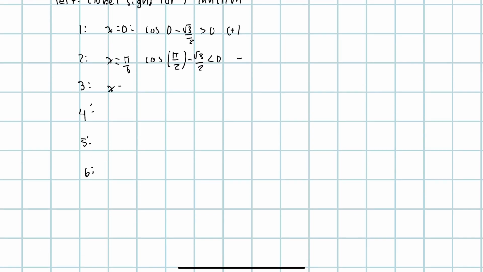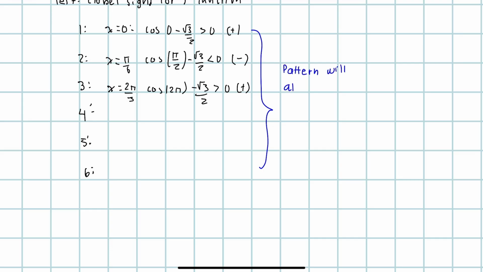Then x equal to 2 pi over 3: cosine minus root 3 over 2, which is going to be positive. And now we can recognize that it's flipping from positive to negative, so the pattern will alternate for intervals.